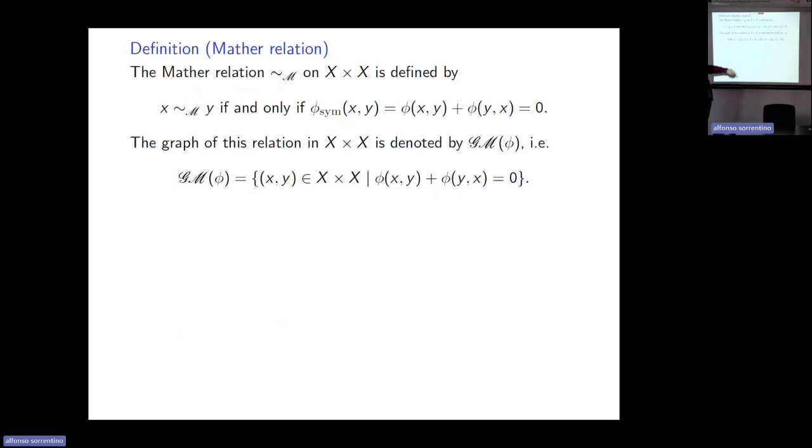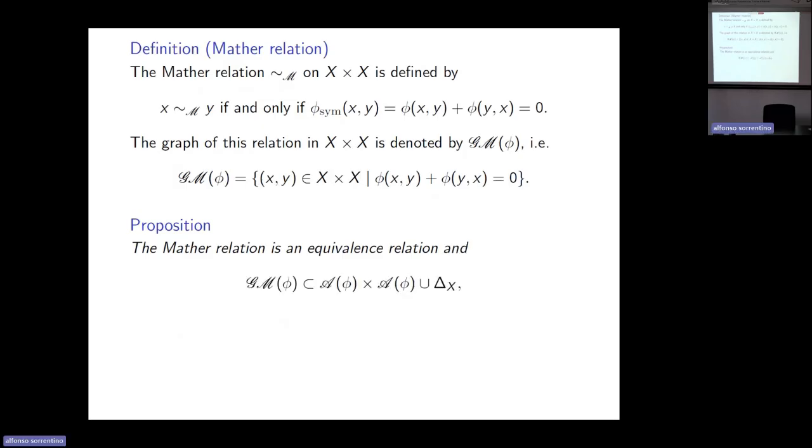It's a set of pairs xy such that phi xy plus phi yx equals 0. The Mather relation is an equivalence relation, and the graph is contained in the product of the Aubry set by itself, union the diagonal. Of course, the diagonal is always included in the graph in an equivalence relation.